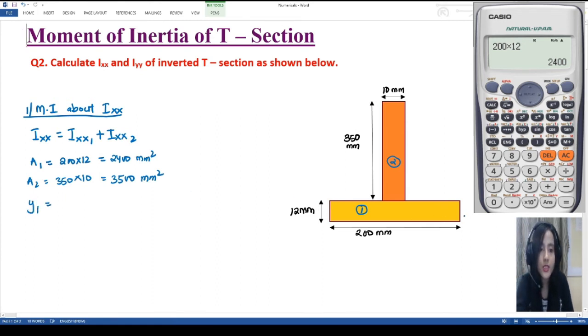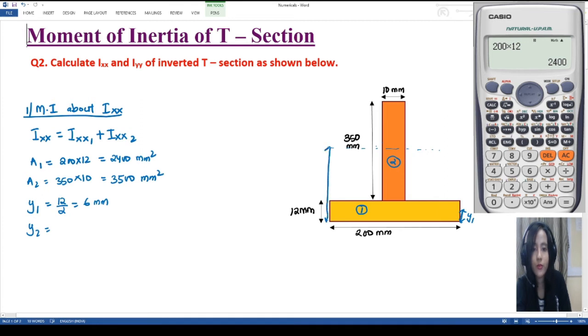So let us find y1 and y2. y1 will be only the distance from here to here, only half of this. This is my y1 portion. So y1 will be 12 by 2, equal to 6 mm. Now y2, I need to go all the way from the bottom till half of this width.